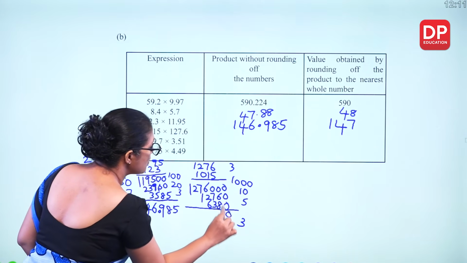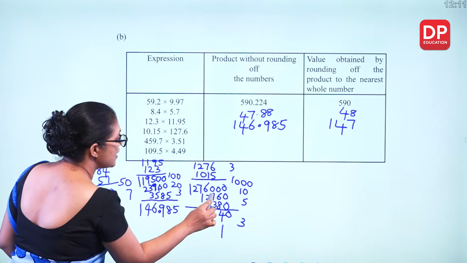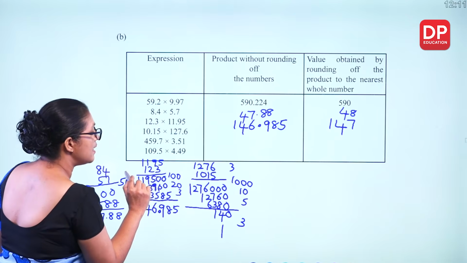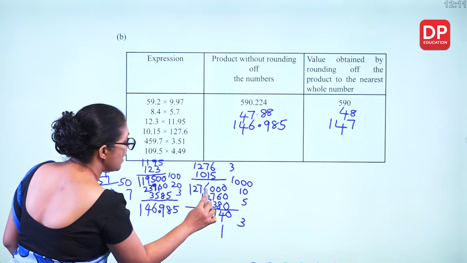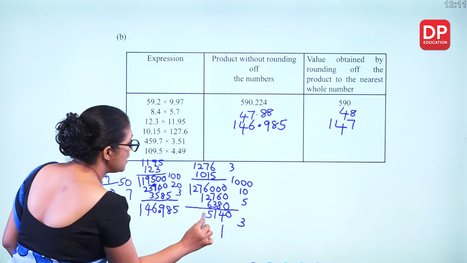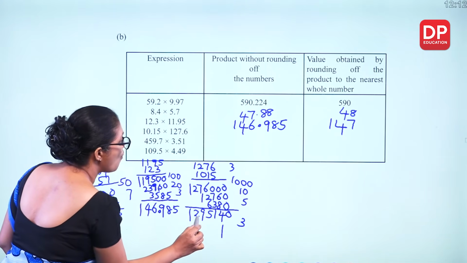So when you add it together, 1 remaining here, 8 plus 3, 11. 1 remaining, so 7 plus 2, 9. 9 plus 6, 15. 1 remaining, 8, 9, 2, 1.